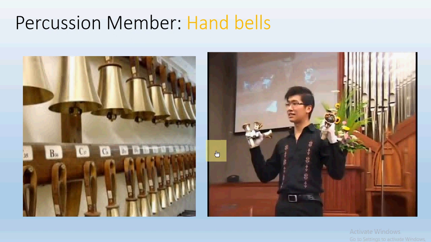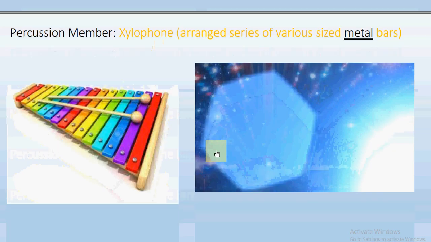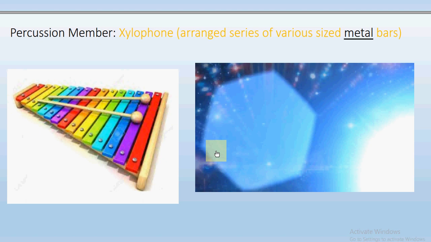Depending. All right, then we have the xylophone. I think most of us have seen this. Kids usually use this a lot. Basically, I think there are 1, 2, 3, 4, 5, 6, 7, 8, 9, 10, 11, 12, 13, 14, 15 keys.